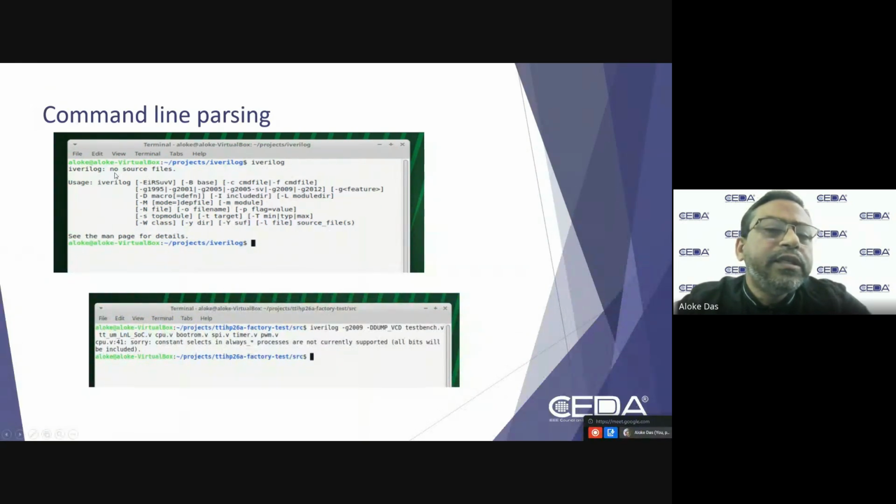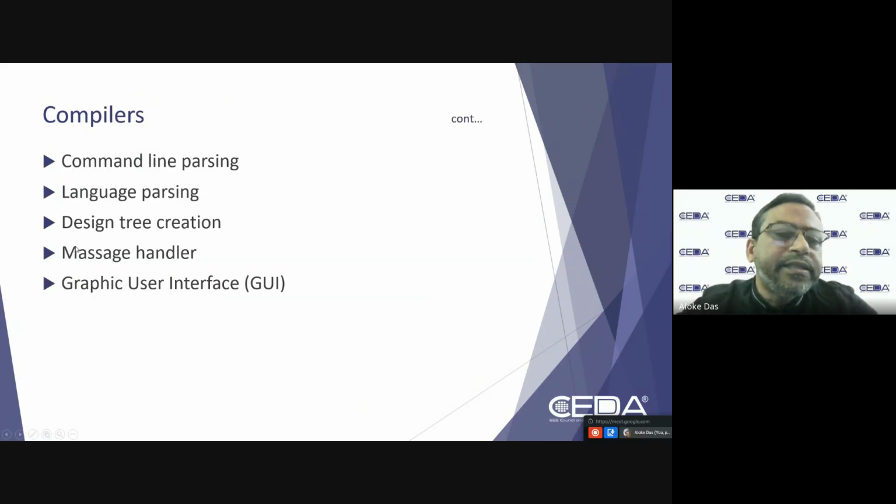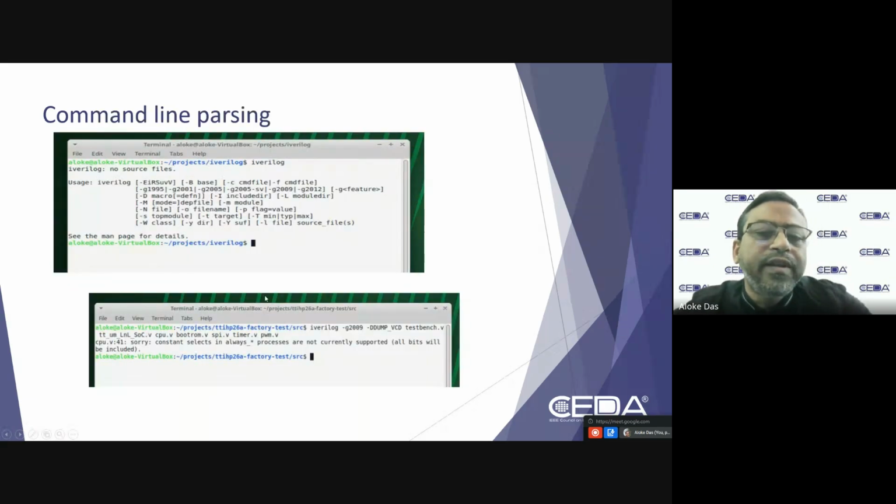So that's why it is giving some message, and it is showing how this software should be used. So this is called command line parsing, and some kind of message handling. Here I have said message handler. Later you will get more flavor of it.